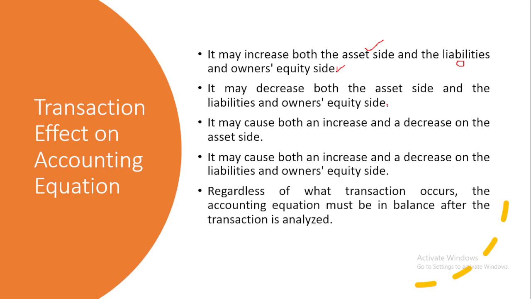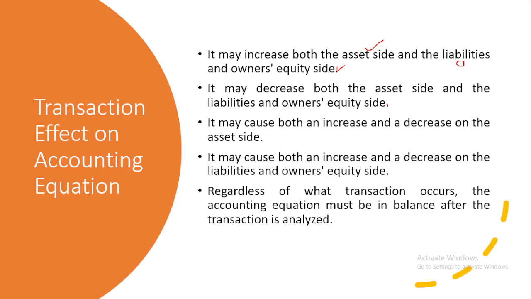So meaning that our assets will decrease because we took some amount from our asset side to pay our liabilities, meaning that also our liabilities will decrease, and then our owner's equity won't be affected, will be zero, meaning that in this case our assets will still be equal to the owner's equity plus liability, because now the liability has decreased, and also the assets have decreased.